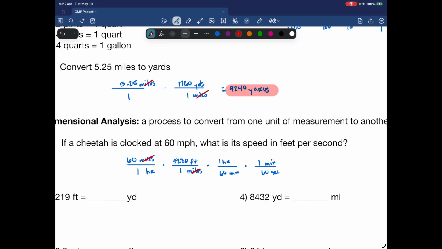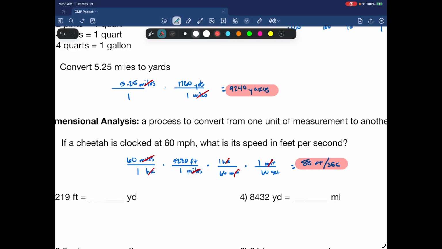So I was able to get rid of the miles, the hours and the minutes, and now I have feet over seconds. You multiply across the top, and you multiply across the bottom. When you use your calculator, you get 88 feet per second.